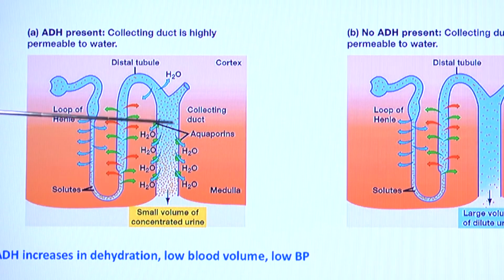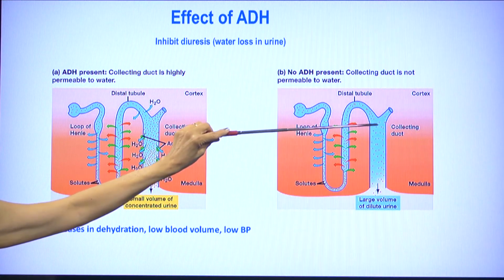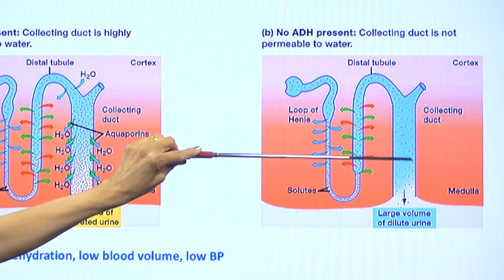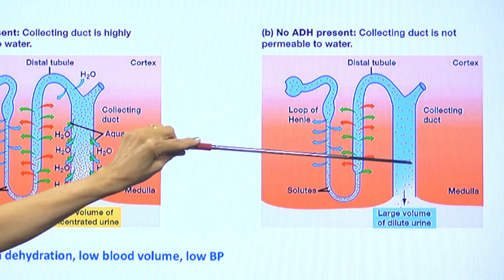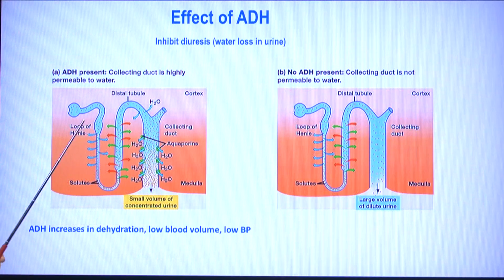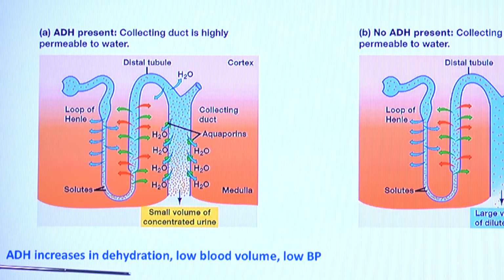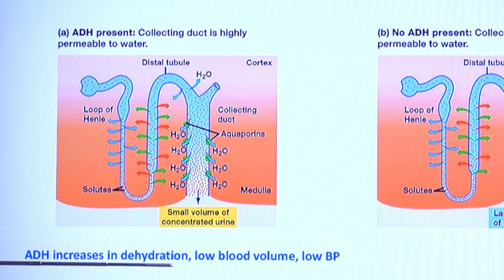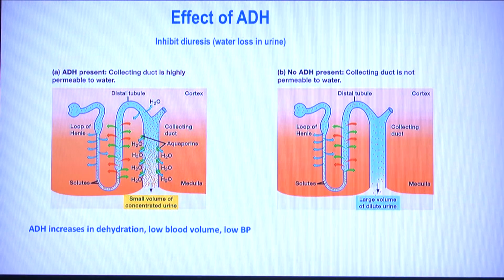As you can see, it has lots of solutes because we've already reabsorbed most of the water. If we have very little antidiuretic hormone, this is going to be dilute urine, lots of water. We're going to be losing large volume of diluted urine. Situations where antidiuretic hormone is going to be higher, so we can pull out more water back into the blood, are dehydration. We need this water, low blood volume, and low blood pressure.